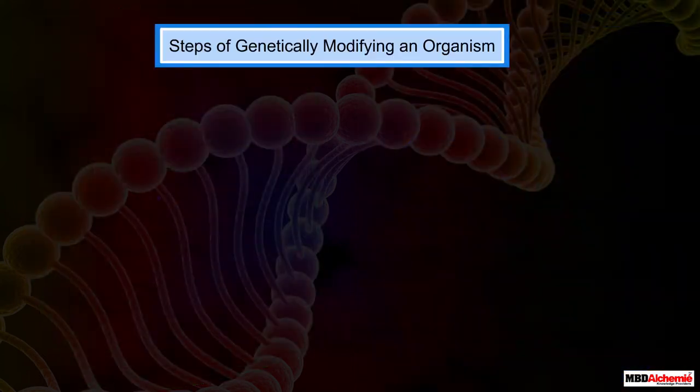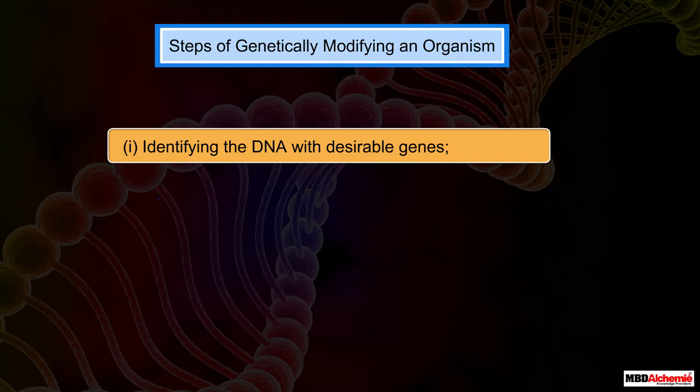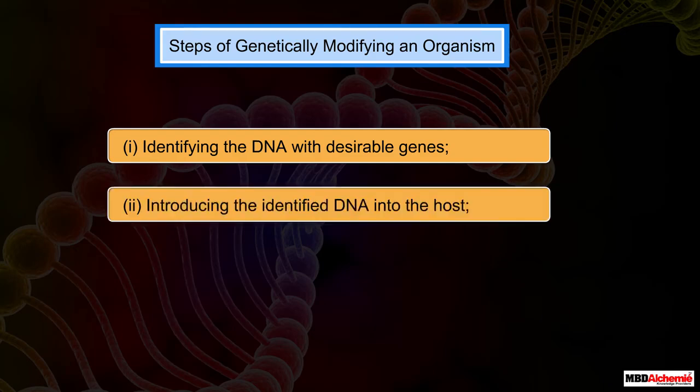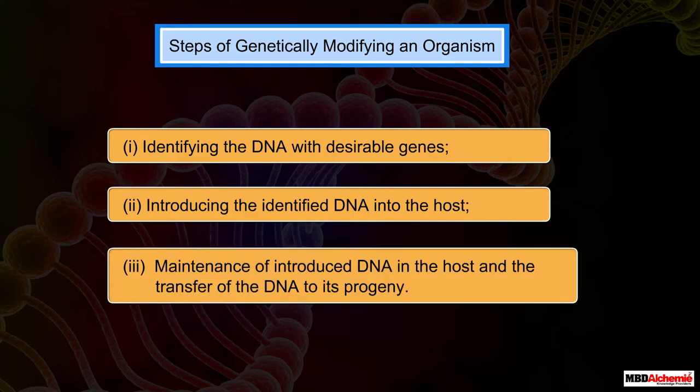To sum up, there are three basic steps in genetically modifying an organism. These are identifying the DNA with desirable genes, introducing the identified DNA into the host, maintenance of introduced DNA in the host, and the transfer of the DNA into its progeny.